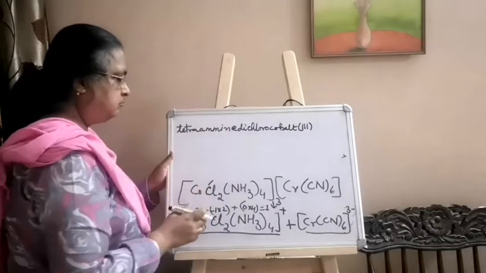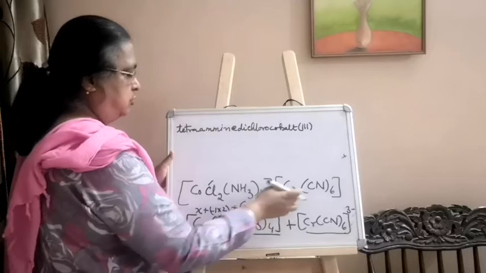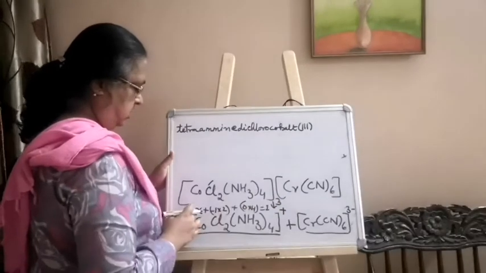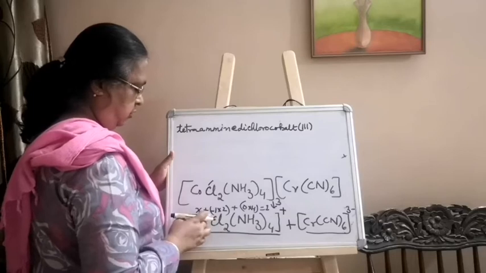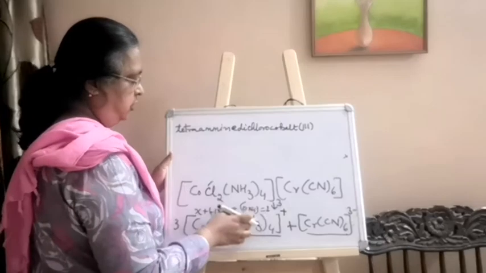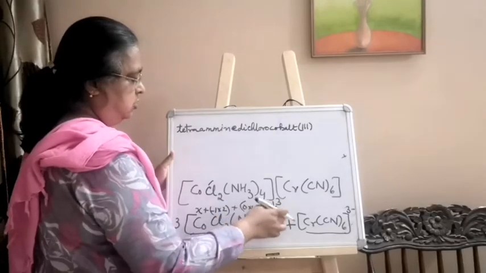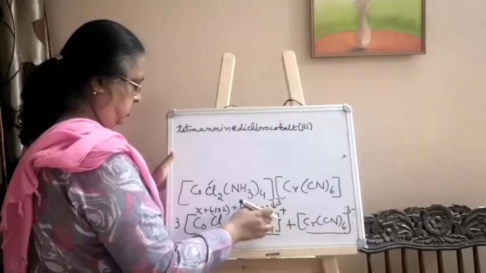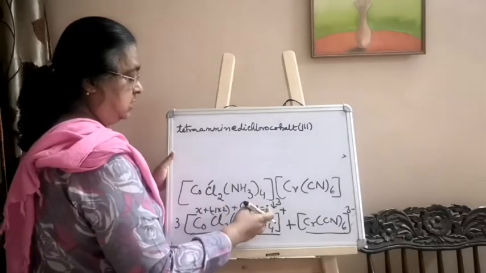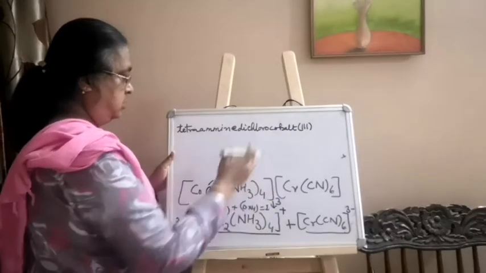So if you know the chart through the formula, you can calculate the oxidation state. This is X. Minus 1 is for the chloro group, chlorido. Minus 1, 2 atoms. This is 0 into 4. And this is the net charge, which is positive. So this is 1. So minus 2 will go that side, plus 2 and 1 is 3.